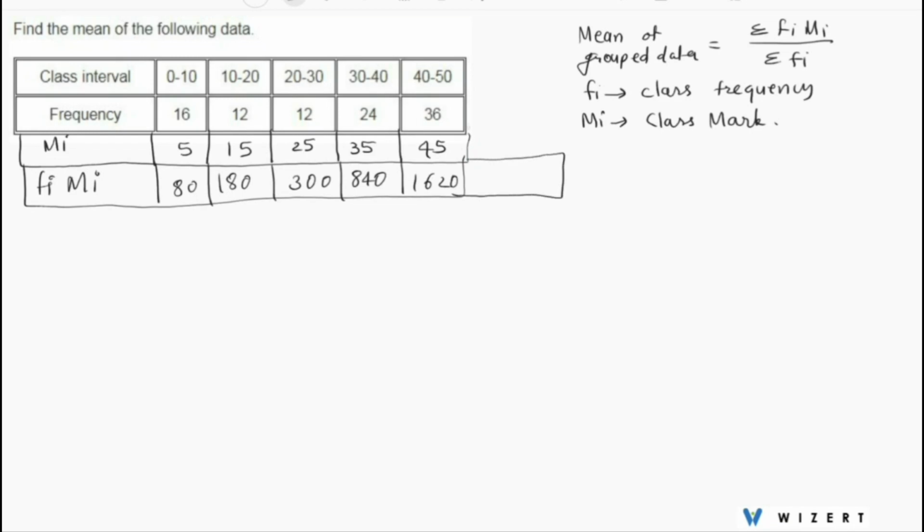We can write total here, total of these two. So let's see, 16 plus 12 is 28, 28 plus 12 is 40, 40 plus 24 is 64, 64 plus 36 is 60 plus 30, 90, 90 plus 10, 100. So this is 100.